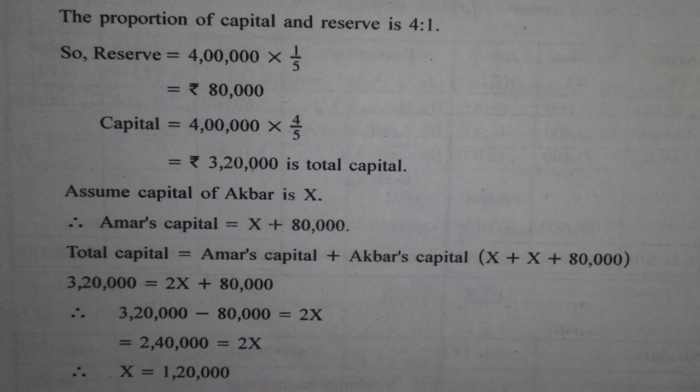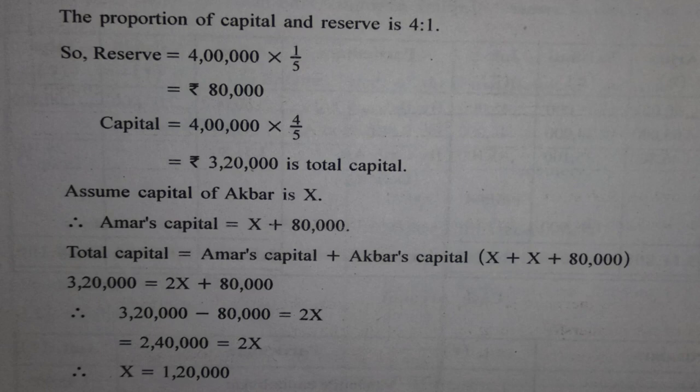So the very first thing that we are supposed to do is find out the capital of Akbar. What is the total capital? It is 3,20,000 as per our calculation.